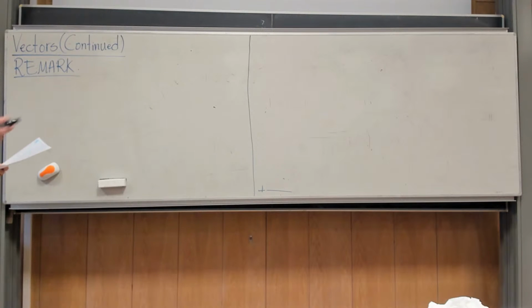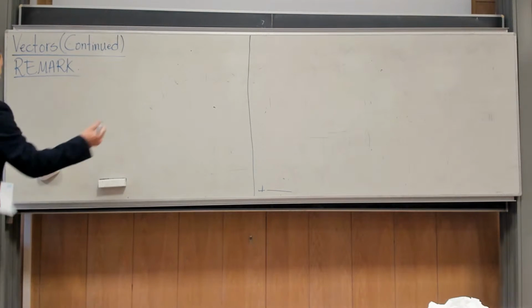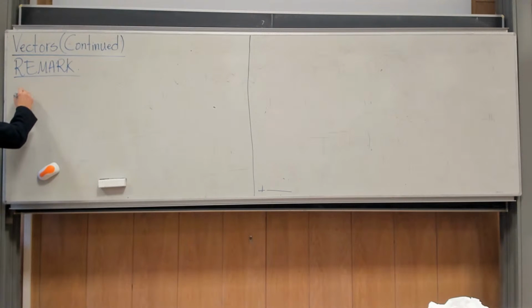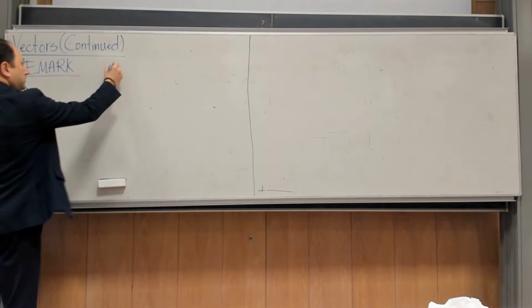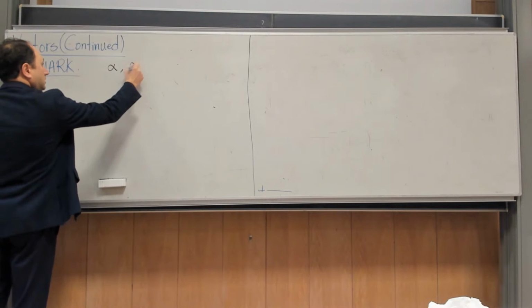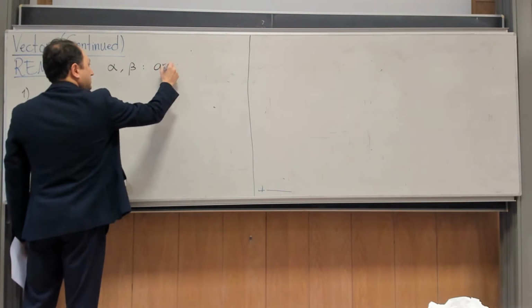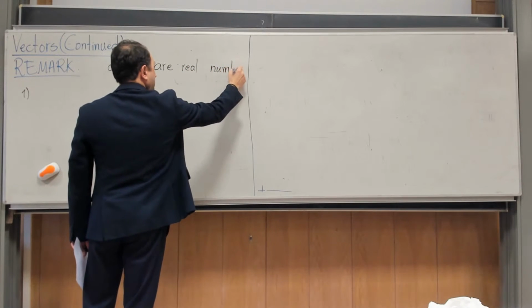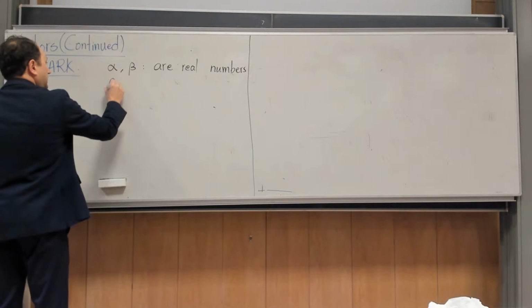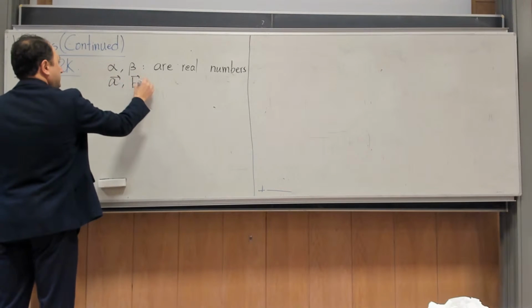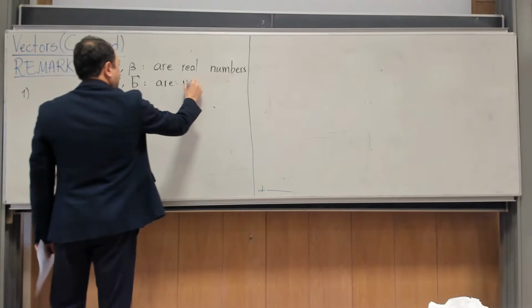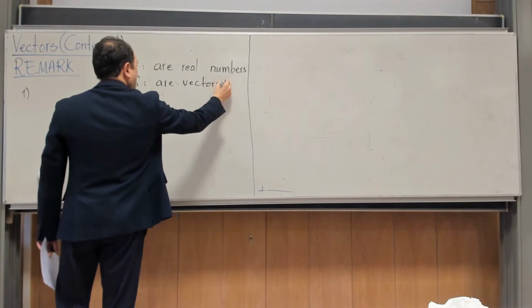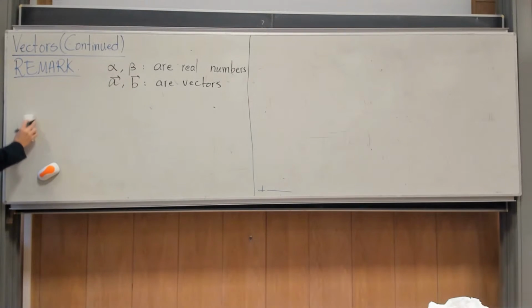So if I have alpha and beta, they are real numbers. A and B are vectors.